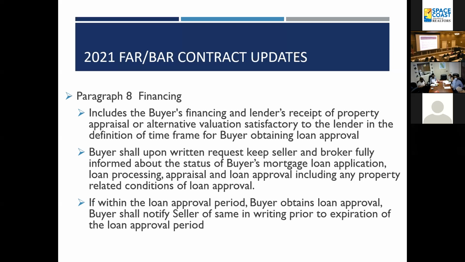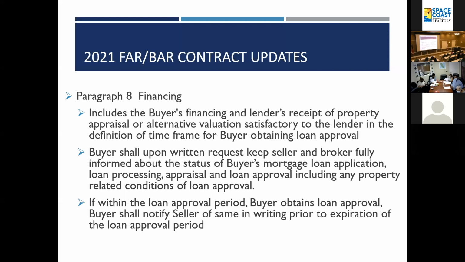So again, the written request. And then the other thing that got added is they have to specifically inform the seller of any property related conditions contained within the loan approval. So if the process is saying, hey, your property's approved, but you've got to fix that wood rot on the door, otherwise we won't close, you have to tell the seller that, because it gives the seller the opportunity to deal with it one way or the other.